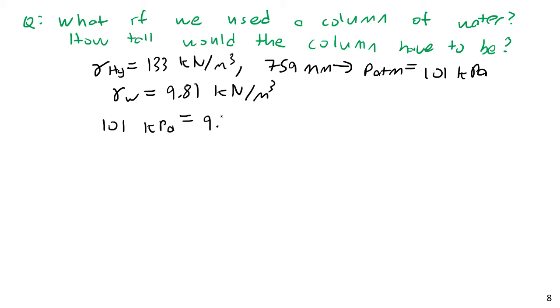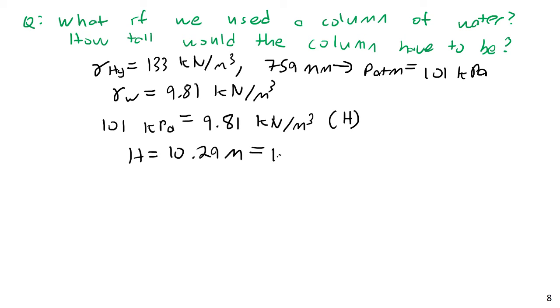I'm just doing this in terms of absolute pressure in this case. 9.81 kilonewtons per cubic meter times our height h, and I get that h is equal to 10.29 meters, or 10,290 centimeters. So we need a tube approximately 14 times as high.